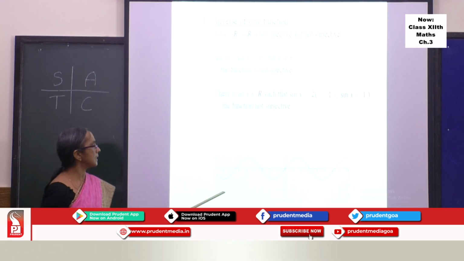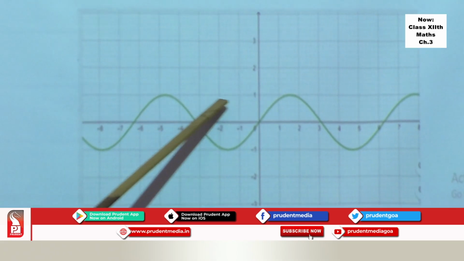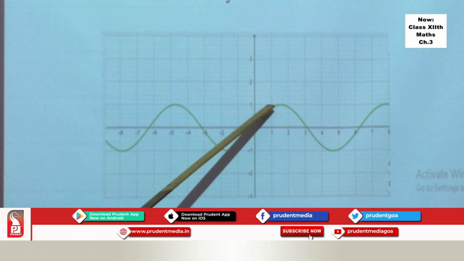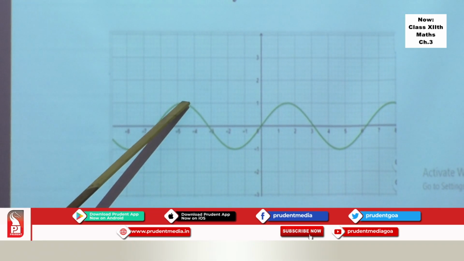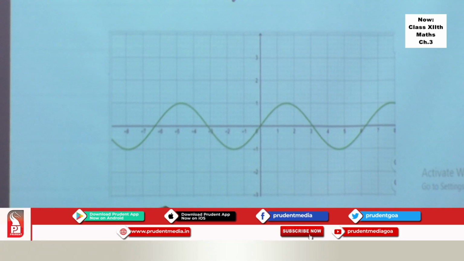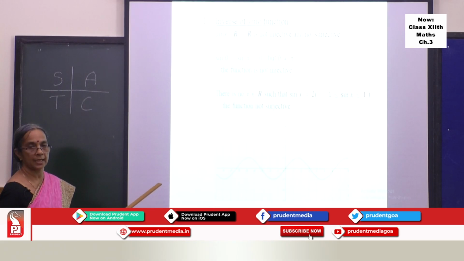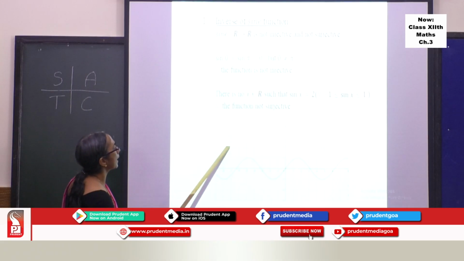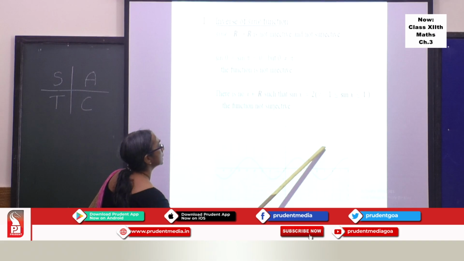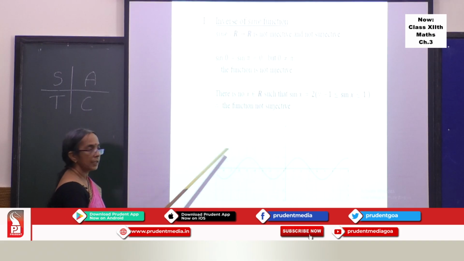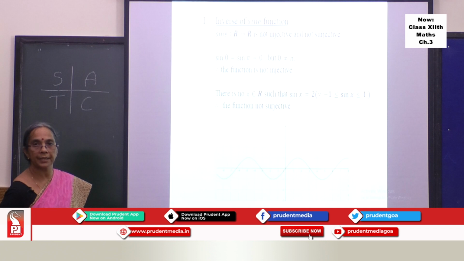Many to 1 function. Similarly, if you draw a line parallel to x-axis passing through (0, 1), it is touching the graph at many points. So, it shows the function is a many to 1 function, not injective. And similarly, if you draw a line parallel to x-axis passing through (0, 2), it does not touch the graph.